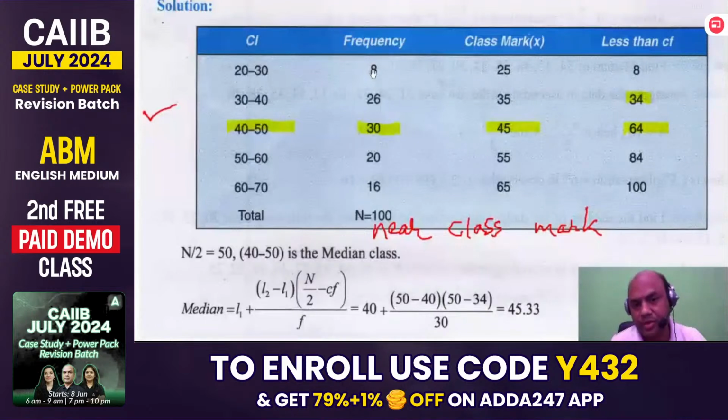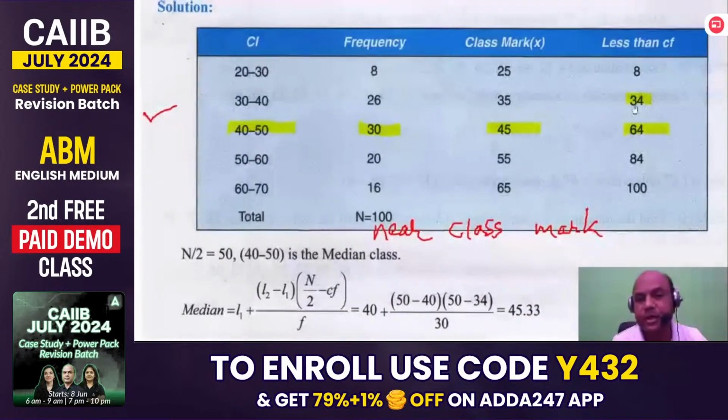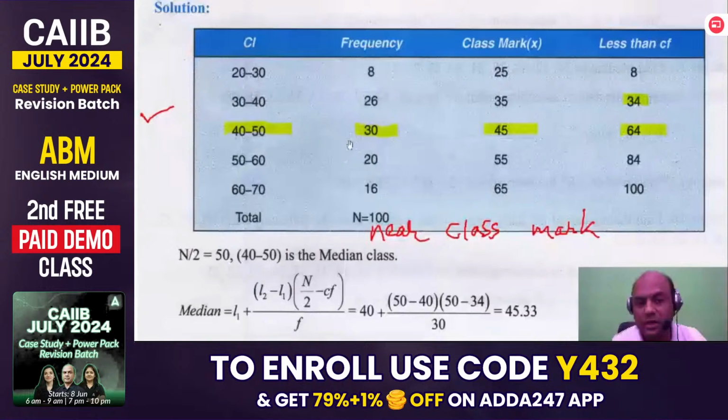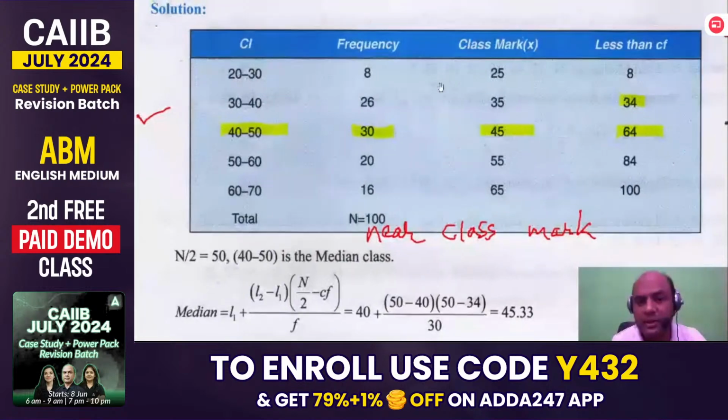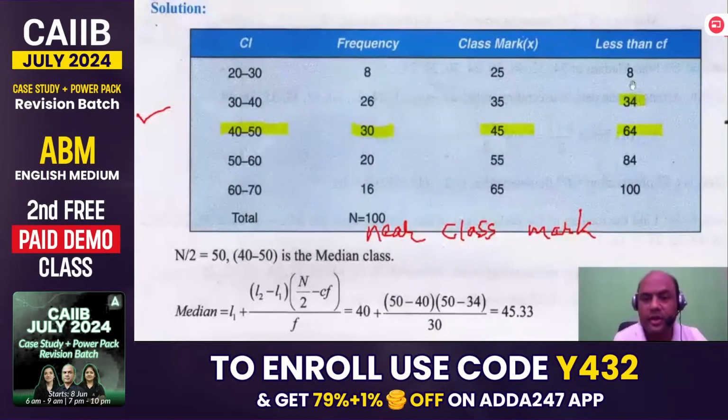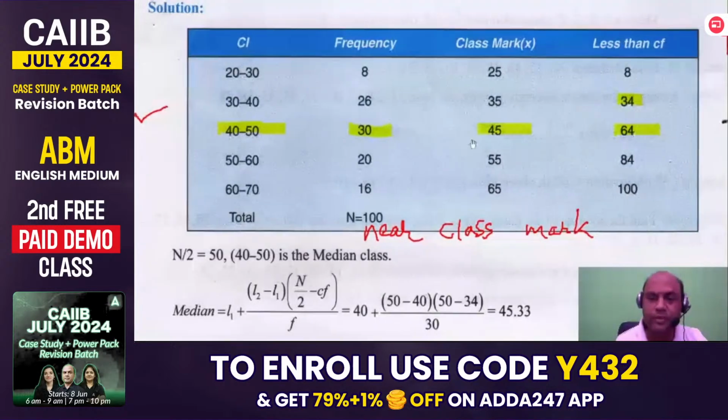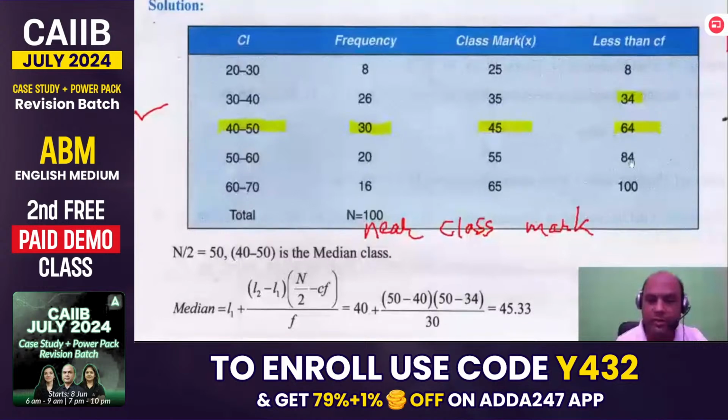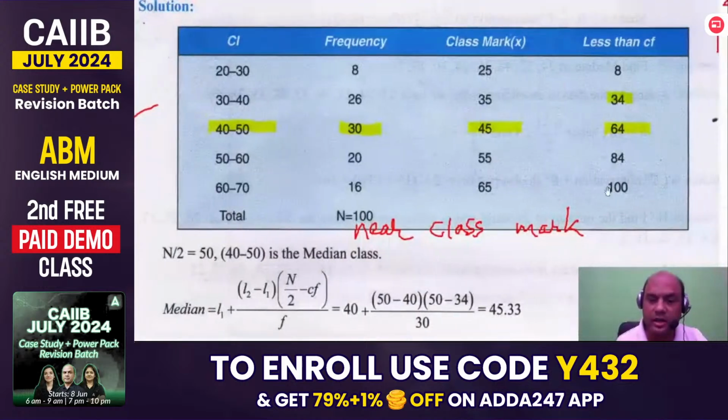Cumulative frequency is the total: 8; 8 plus 26, 34; 34 plus 30, 64; 64 plus 20, 84; 84 plus 16, 100.